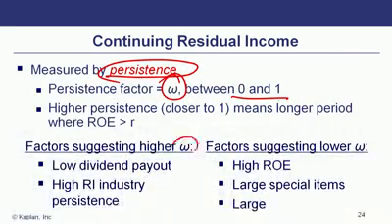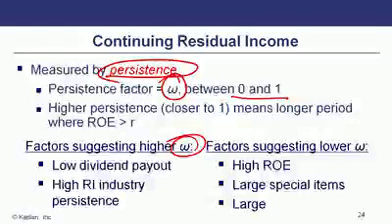But then it's going to start to diminish the residual income of that firm. So you're looking for a higher persistence, meaning a longer period where ROE is going to be greater than its required return. So several things suggest that you would have a higher persistence level.